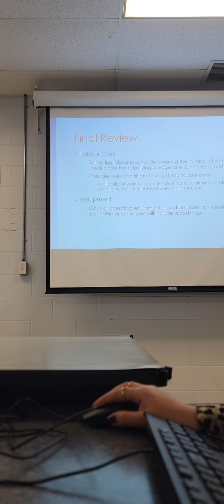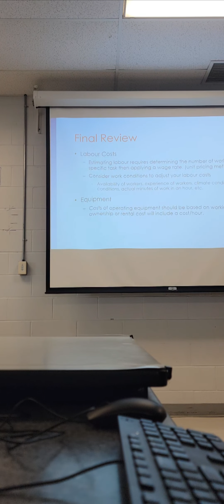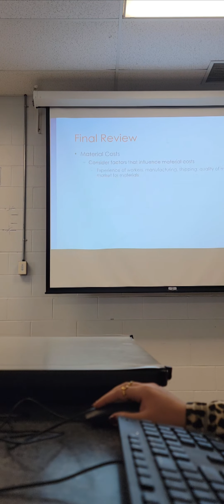Working conditions: are you in a tight Toronto subdivision or a big one? That's what we call an adjusted range. So when you're estimating, you have to apply knowledge of what you're building so that you can adjust your costs accordingly.